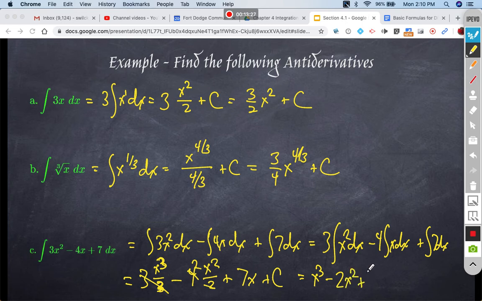So x cubed minus 2x squared plus 7x plus c. Again, once you get the hang of it, you probably are not going to do all of these steps. You will probably go straight from here to here when you're getting more comfortable with it. I encourage you to write this out to get the idea of why you're doing this.